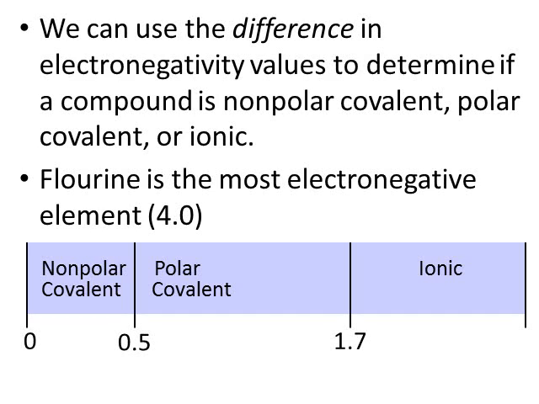So when we look at the difference in electronegativity values, if that difference is between 0 and 0.5, we say it is a nonpolar covalent bond. Therefore, it is going to share electrons equally. Between 0.5 and 1.7, we say that is a polar covalent bond, and it is therefore going to share those electrons unequally.